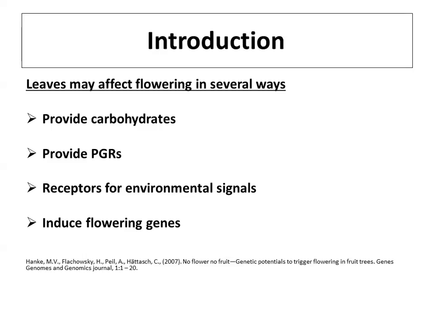They provide carbohydrates, they provide plant growth regulators, they are receptors for the environmental signals, and they induce flowering genes. All of this will happen to encourage the spur to form flowers. And sometimes this doesn't happen, or happens to inhibit flower formation.